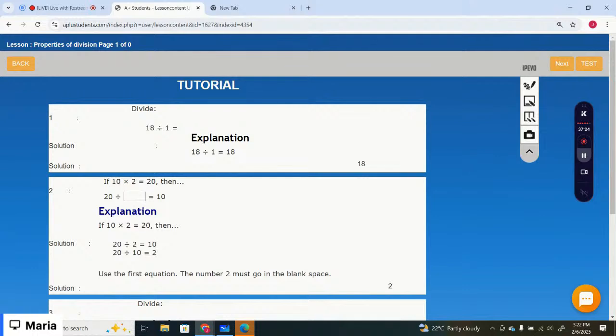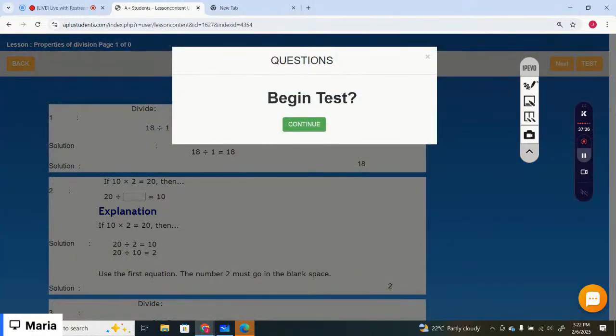Let's start with the test questions. We'll learn the different properties of division.